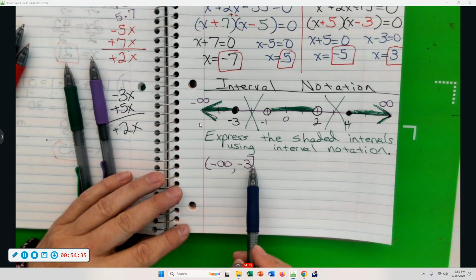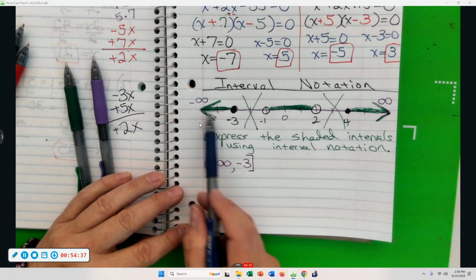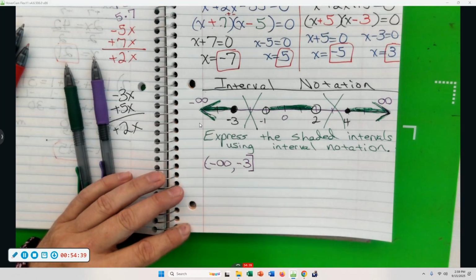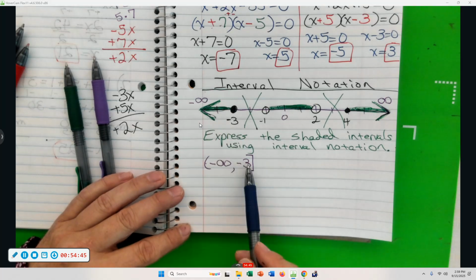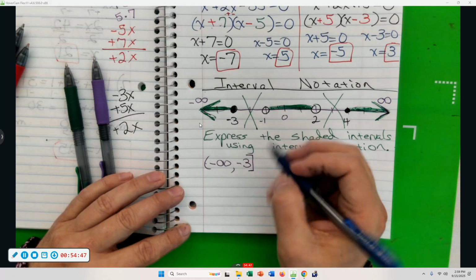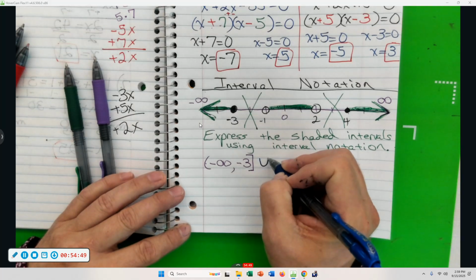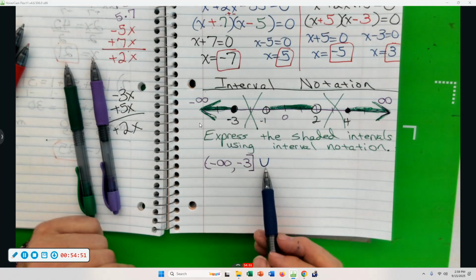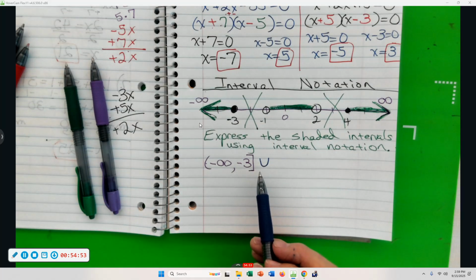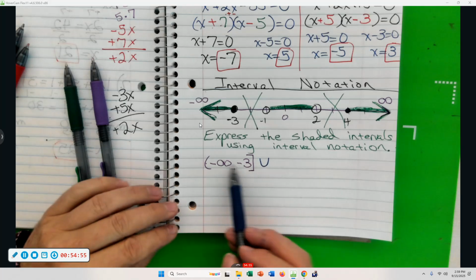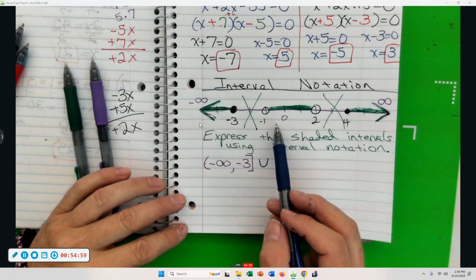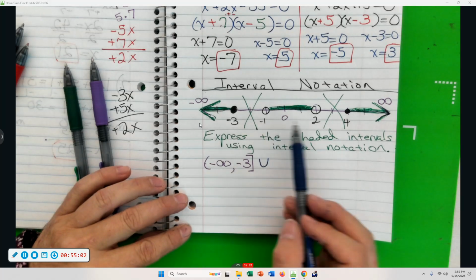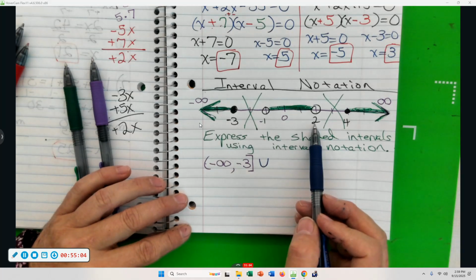So this is saying all the numbers to the left of -3, including the endpoint -3, or there'll be a hot button for a little union symbol that you'll have to type. So all the numbers to the left of -3, or now we want all the numbers between -1 and +2.